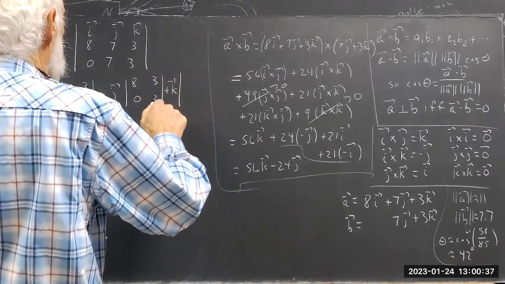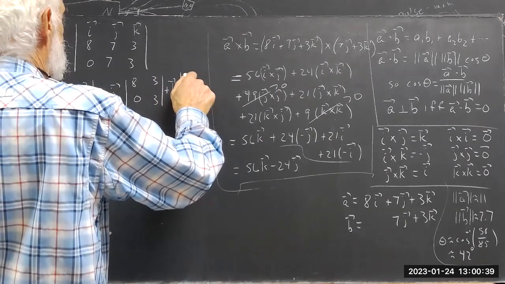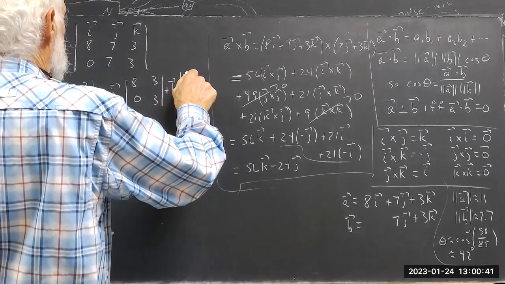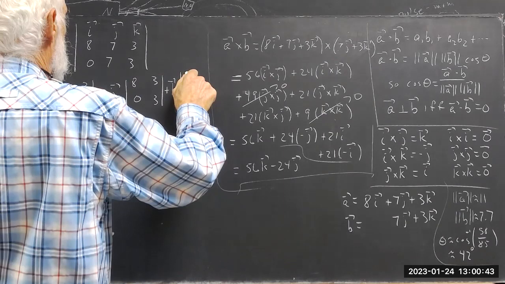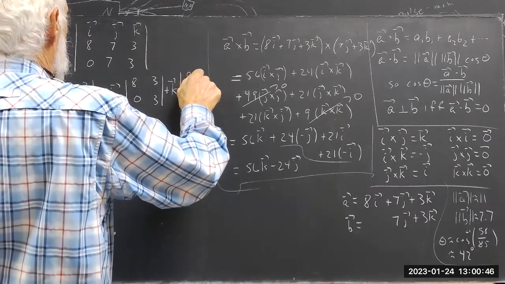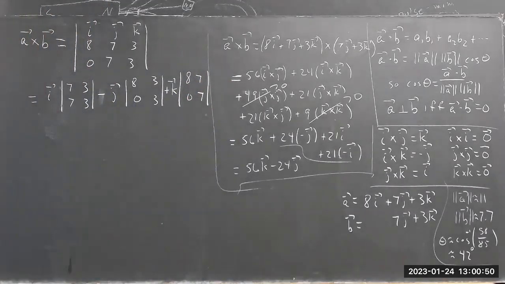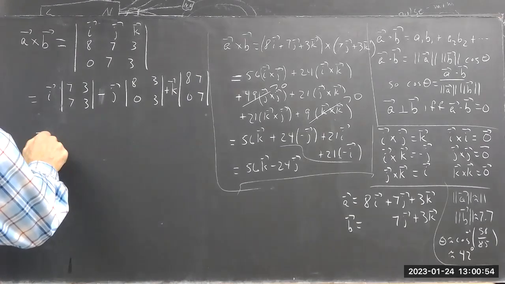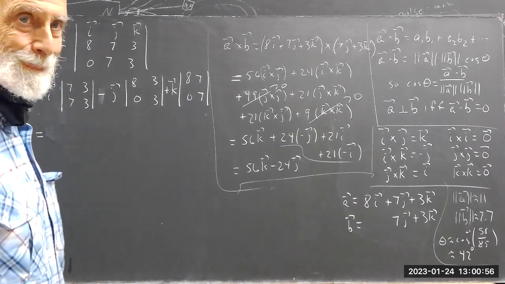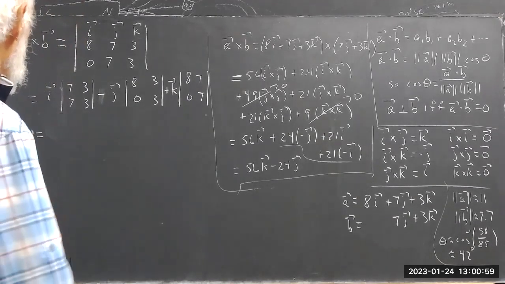And it's plus K times the determinant of (8707). Okay. And those determinants are really easy. I mean, this one's 0.